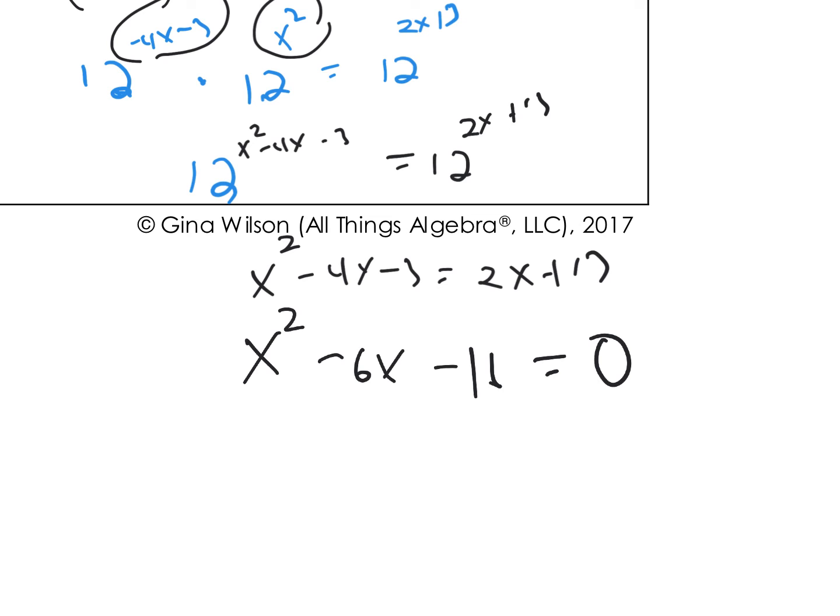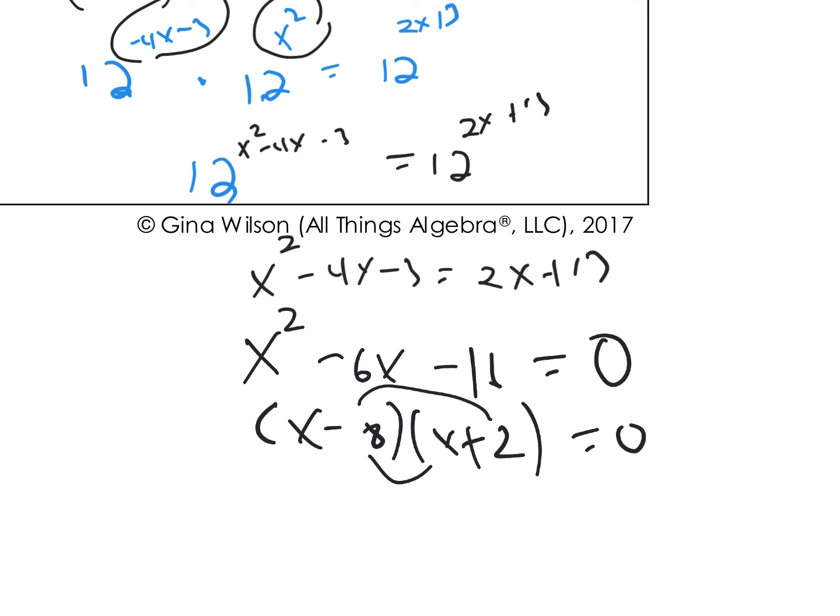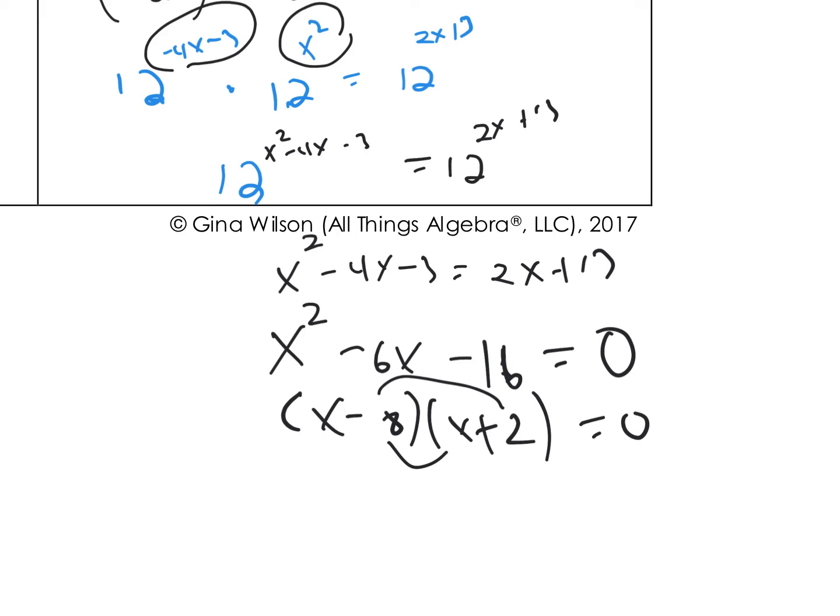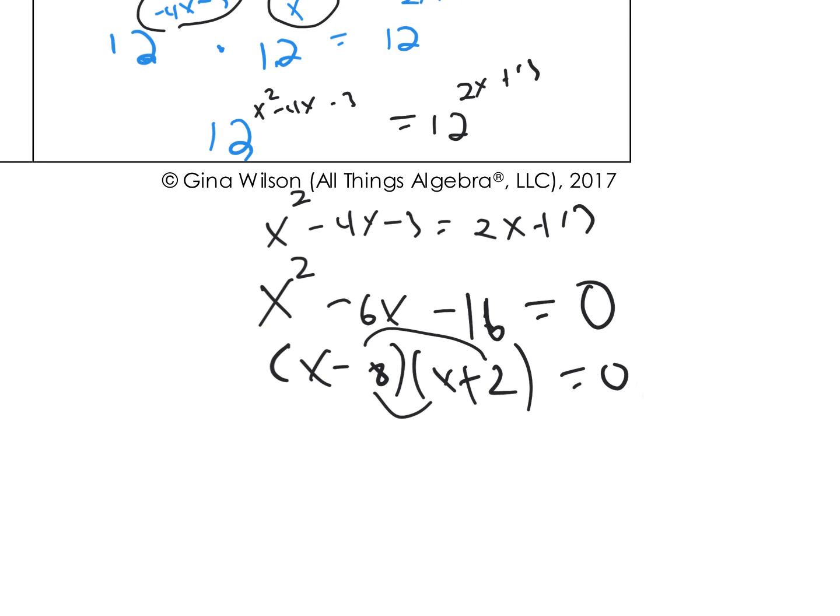A negative 8 and a positive 2. Yep. x minus 8, x plus 2. Yeah, I do see it gives me a negative 16. So one of your answers would be 8, and the other answer would be a negative 2.